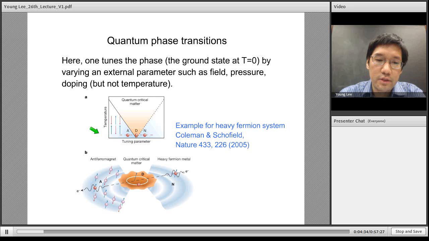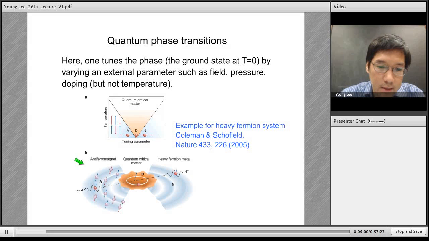But what's interesting is that at higher temperatures, the critical fluctuations around that critical point are very robust, and you can measure these fluctuations at high temperature. And in this phase diagram, it kind of forms this fan of critical fluctuations.